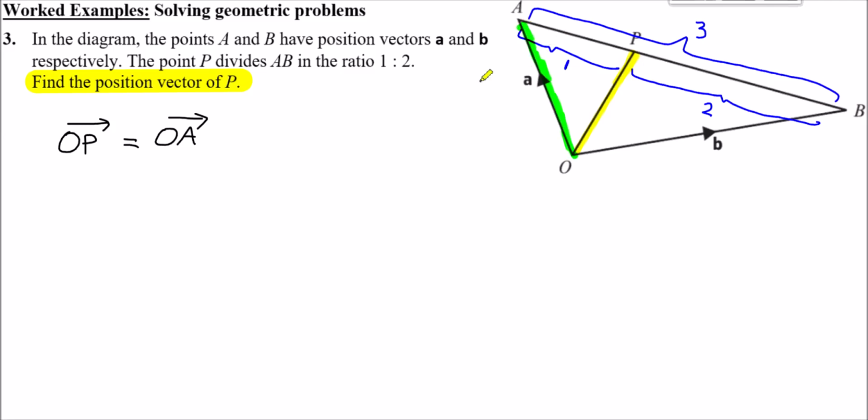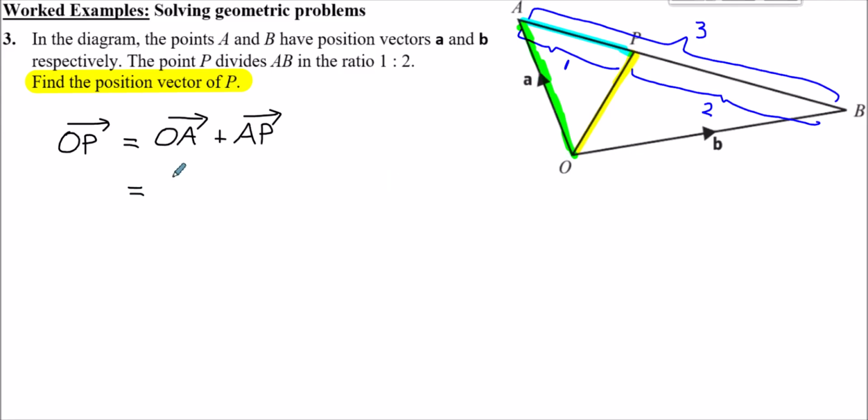And then when we've done that, we can go from A to P. So from A to P is this distance here. So now let's just think about what this is.